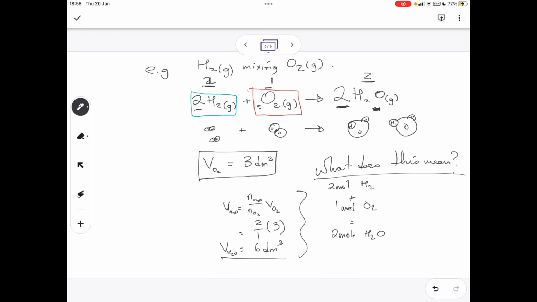So when we look at just the reaction, when we have to balance it out, in order for us to have the correct number of atoms present in the reaction, we've got 4 hydrogen atoms, we've got 2 oxygen atoms.